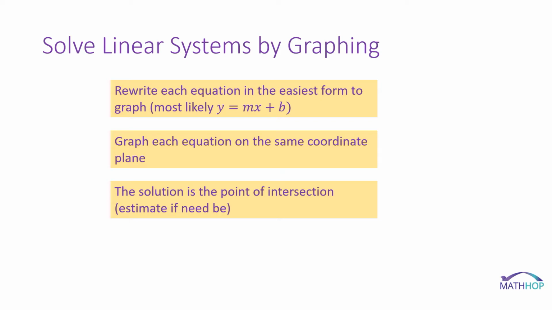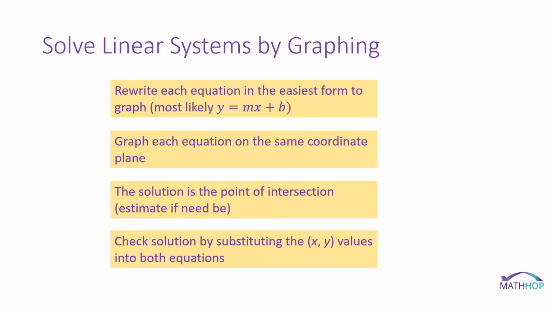Now, you might have to estimate, and this is where solving by graphing isn't the most efficient. If you don't get a solution that includes whole numbers, you could be estimating your solution on a graph. And then we are going to check our solutions by substituting the x and y coordinates back into both equations.